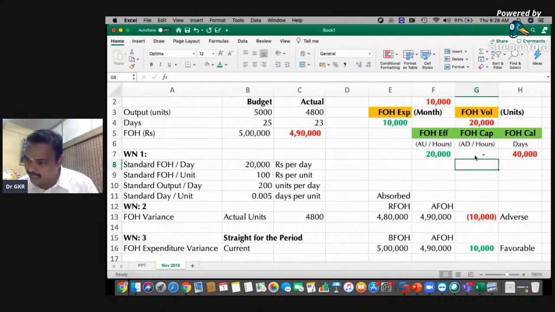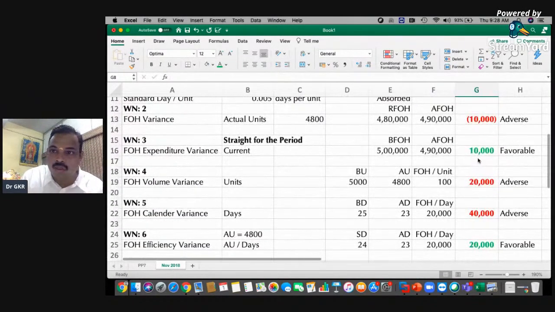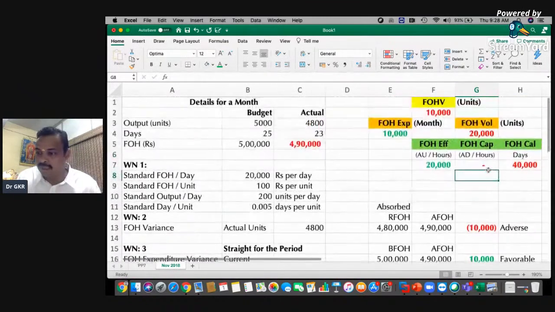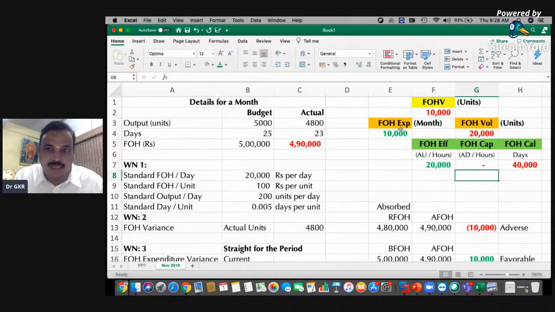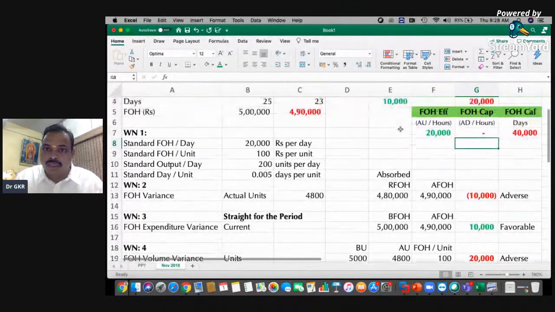For your kind information, that is a catch, guys, here. So, very interesting. 10,000 favorable is volume. What is volume, guys? Volume is 20,000 adverse. And expenditure is 10,000 favorable. So, naturally, there is no capacity here. So, that is a part.